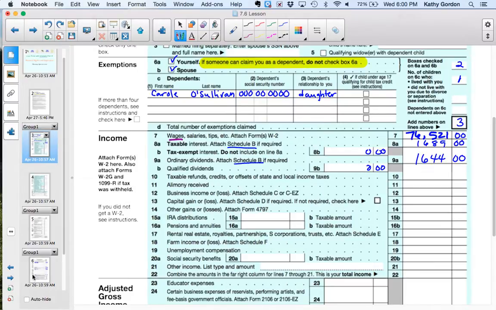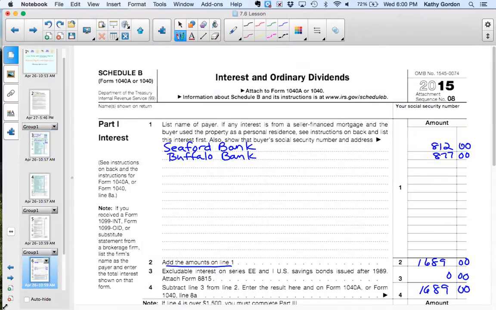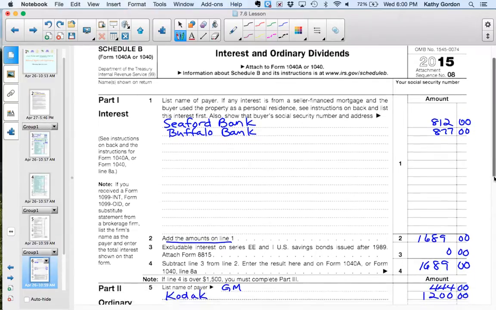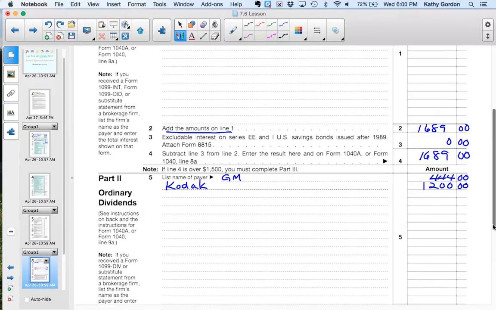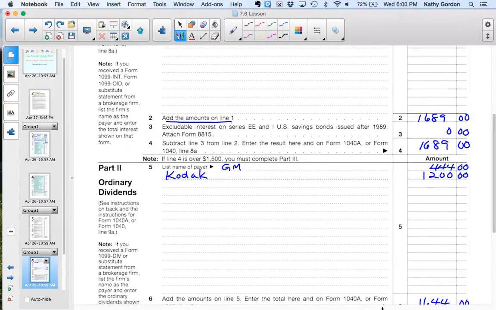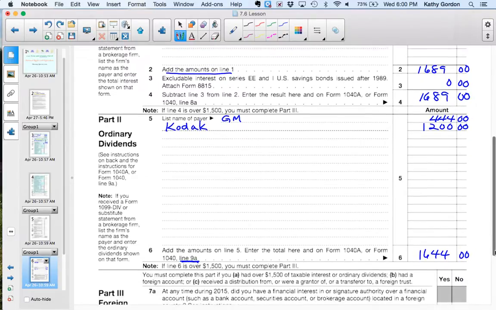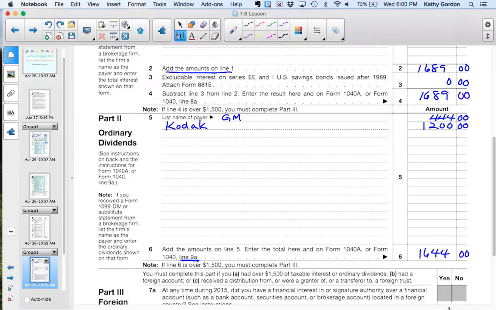But if we go back to our Schedule B for just a second, notice that at the end of Part 1 and at the end of Part 2, there's a note. Okay, and what this note says is, if line 4 is over 1,500, you must complete Part 3.